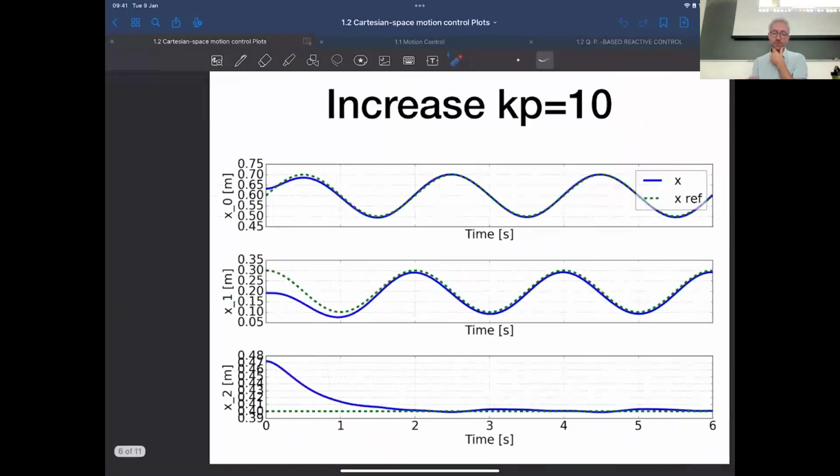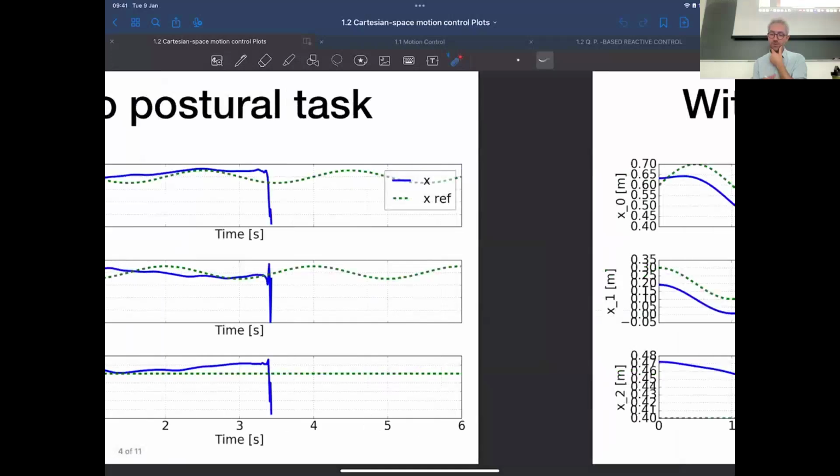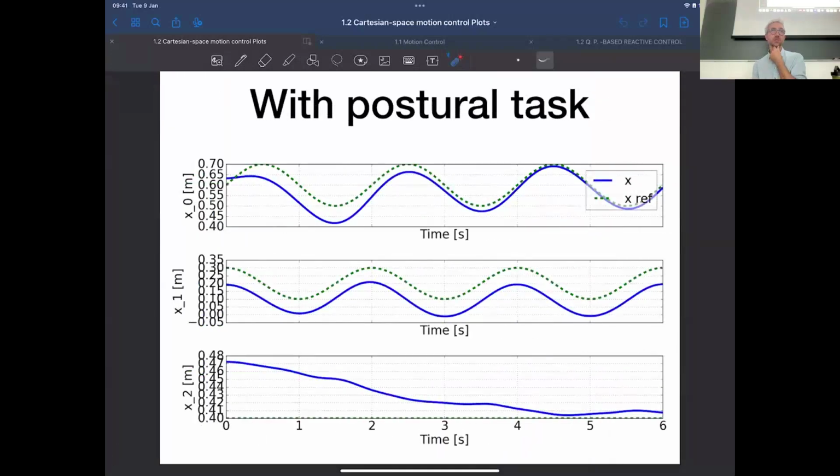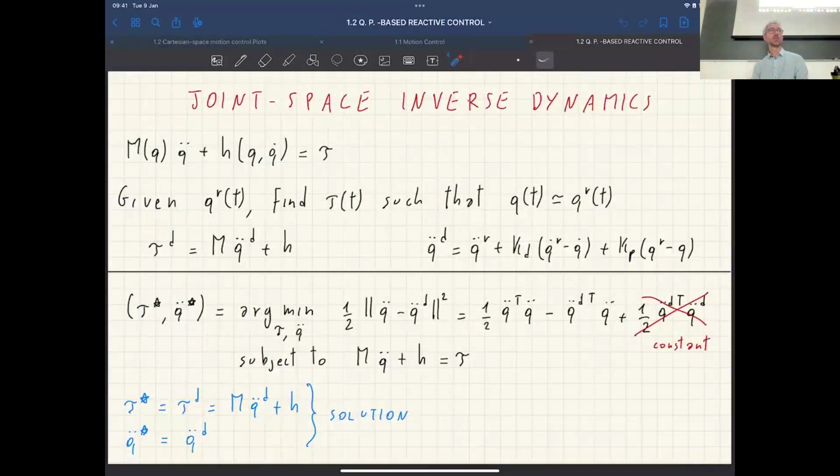If the feedback gains are very small, the tracking error doesn't go to zero in a reasonable amount of time. If they are zero, it will never go to zero, the tracking error. I didn't try, but we can try the first time that we implement this. Set the feedback gains to zero, you will see it's not going to work.